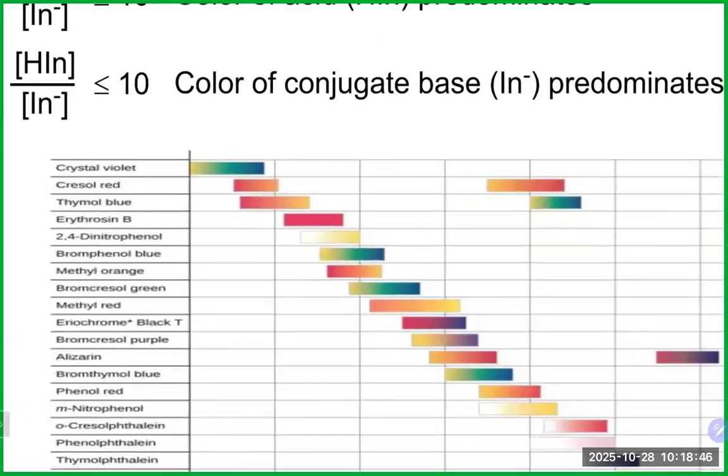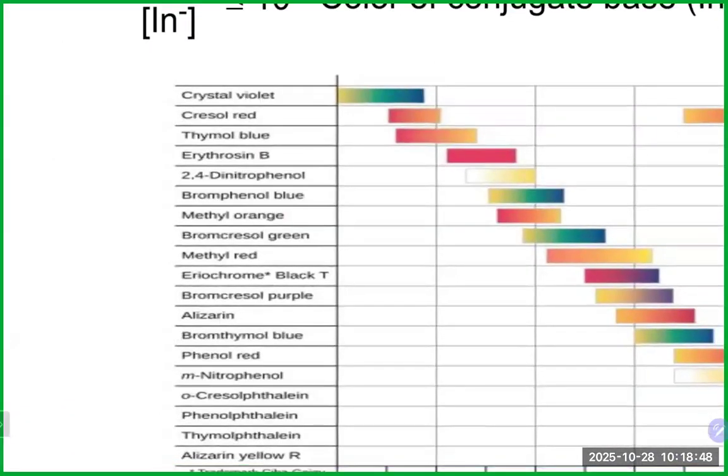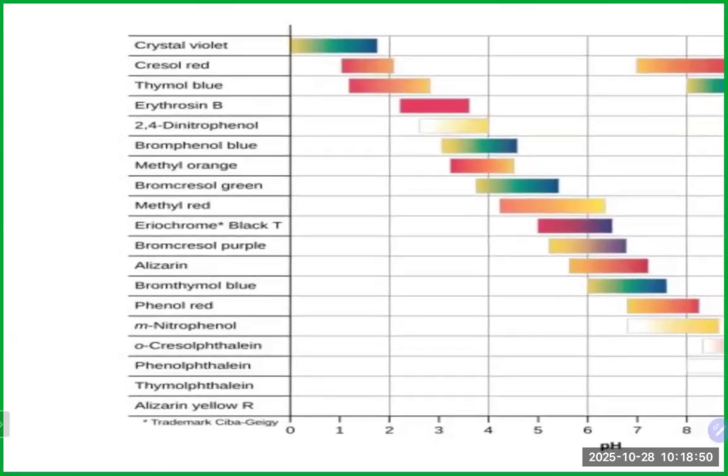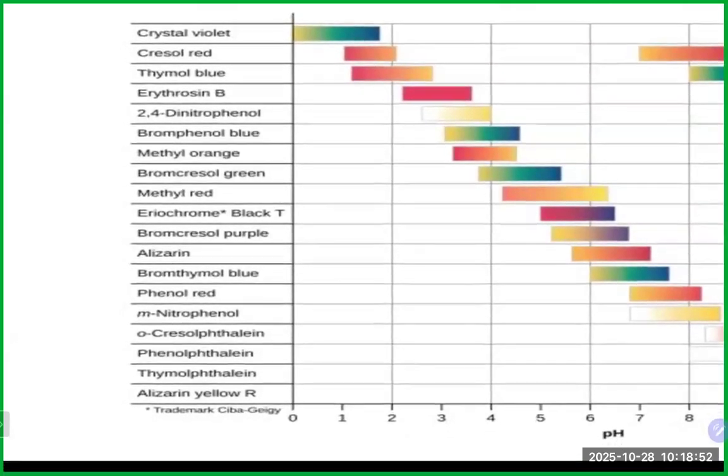So here you can see, for example, crystal violet, rolling through a bunch of colors, yellow to green to blue. It really does work over this sort of pH range here, kind of 0 to 2, which clearly would not be a great one if your equivalence point is basic, right? So you wouldn't want to choose that, nor would you probably want to do anything like cresol red, right?